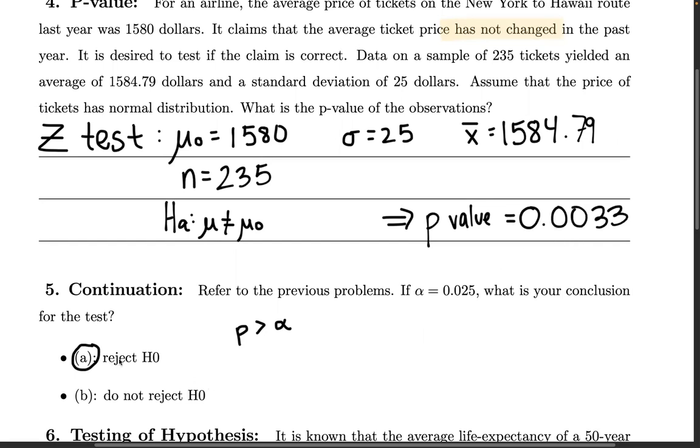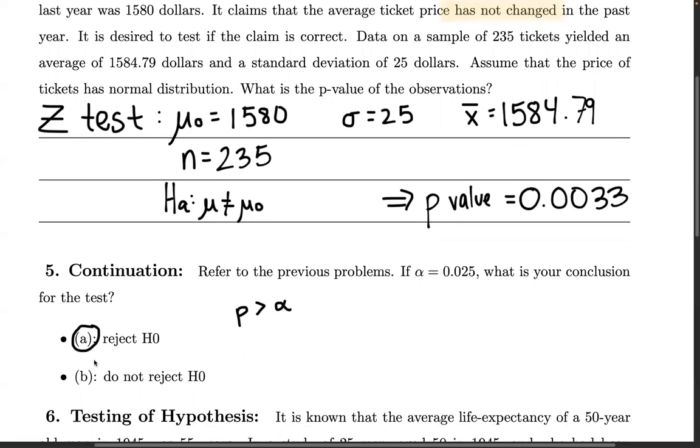So we would reject the null, but notice, we would compare alpha to our p-value. So our p-value is 0.0033, which is less than 0.025. So I switched the sign. So you can ignore what I wrote here. But this is correct, that we would reject the null.